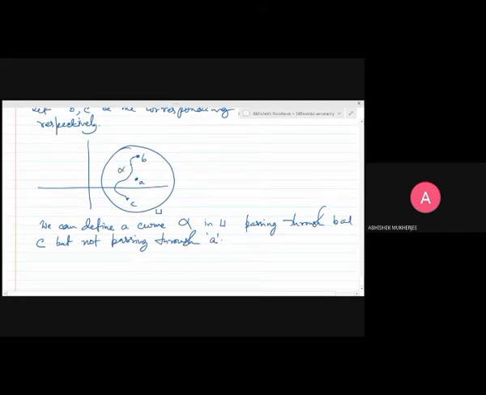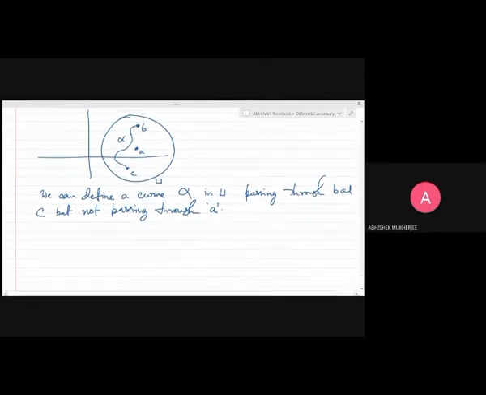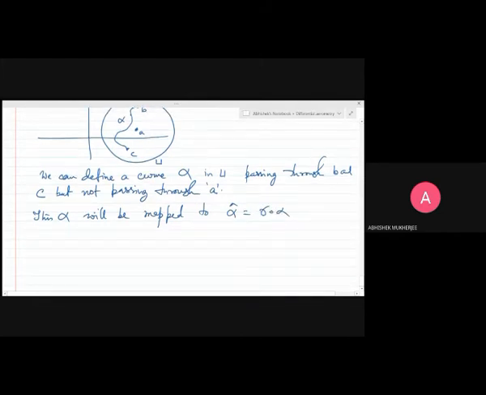If you restrict your map to this curve alpha, then this alpha will be mapped to alpha cap, which is sigma composed with alpha.